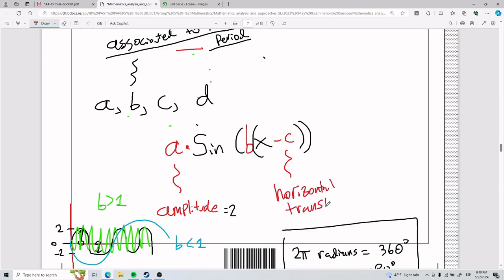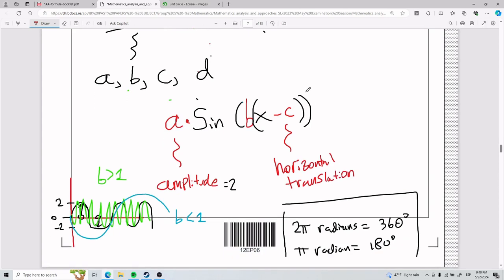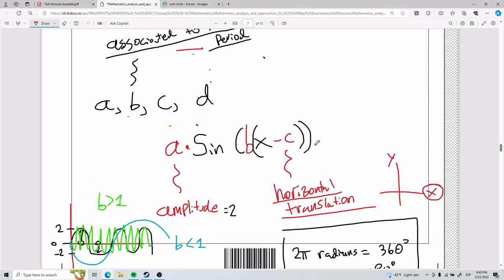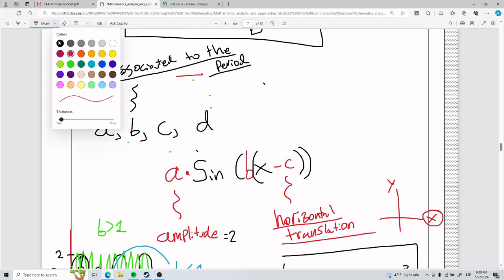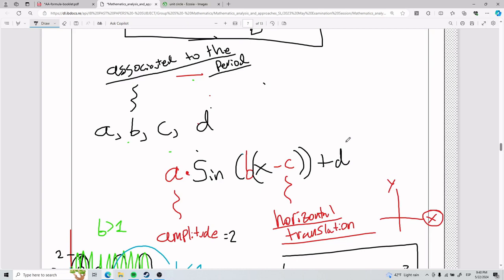Well, notice that it is adding or subtracting directly to x. And x is associated to your horizontal values, because in your xy axis, your x is horizontal. So whatever is adding or subtracting specifically to x will be a translation to the left or right, okay? And last but not least, D, you guessed it, is the vertical translation, okay?